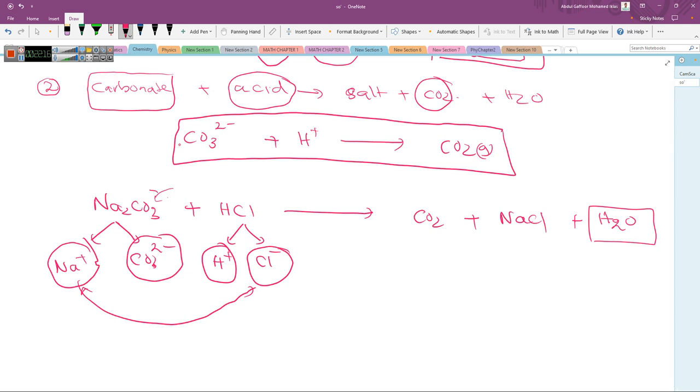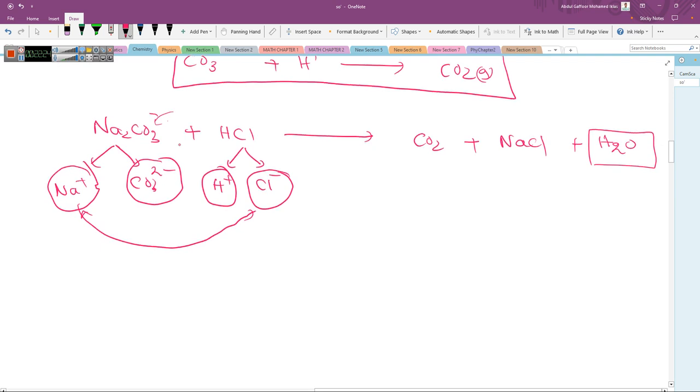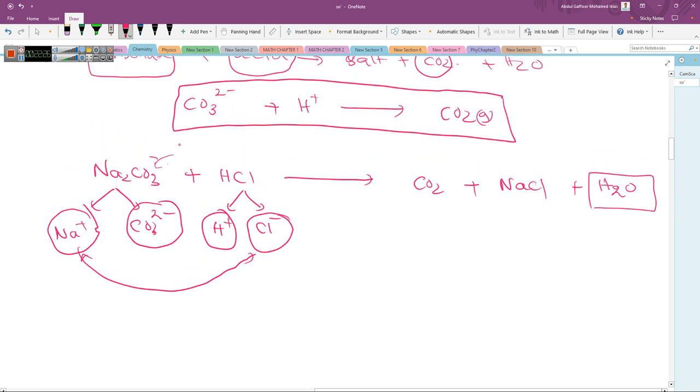So this is how we write on the paper, but in the laboratory settings, what will happen? We will discuss that. Before that we will just try to balance the equation, right? In sodium carbonate we have two sodium atoms, right? I don't know if you can see my pen pointer in the video.